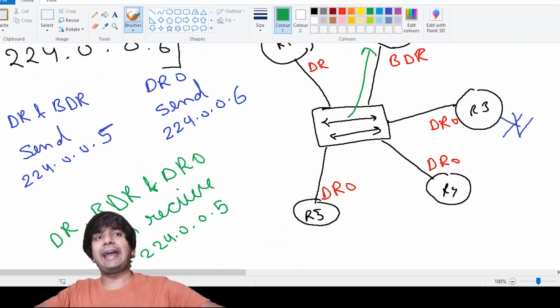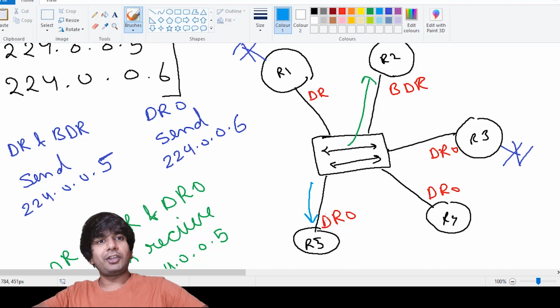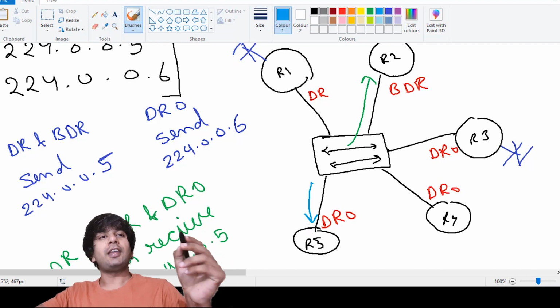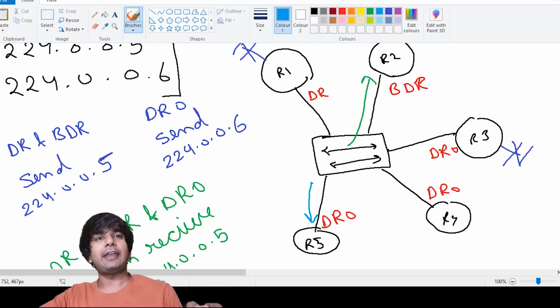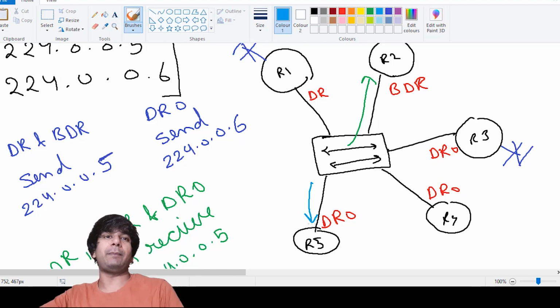So that means, assume guys, in future this is a DROther router, and one packet is coming towards it with a destination multicast IP of dot 6. What will the DROther do? Will it accept it? Absolutely not. A DROther can never accept an update packet which is coming on dot 6. And who will send this kind of update packet?